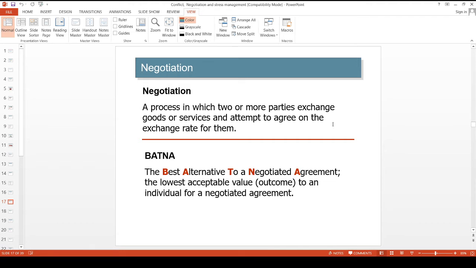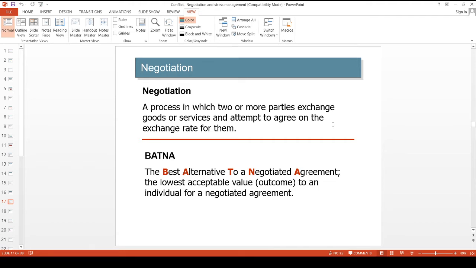Another term we use in the perspective of negotiation is BATNA, the best alternative to a negotiated agreement. It means that whenever both parties cannot reach a situation agreed by both, we try to have a lowest acceptable value which should be acceptable to an individual for that negotiating agreement.